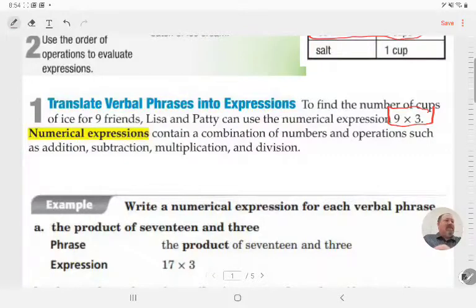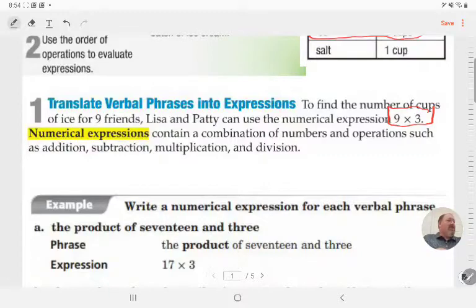It has words for addition, words for subtraction, words for multiplication, and words for division. For example, for addition, you have things like the sum of, increased by. For subtraction, you have things like the difference of, decreased by. Multiplication, the product of. Remember, product is the answer to a multiplication problem.